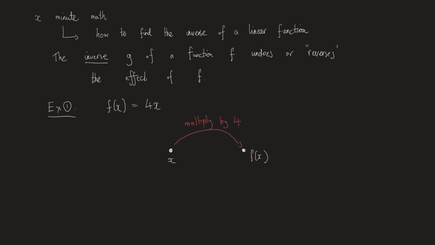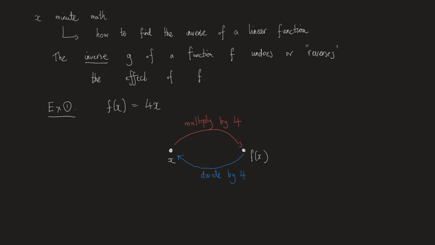So if I want to undo multiplying by 4, what do I do? Well, we know this. We divide by 4. So we want to divide by 4 to get back to where we started.